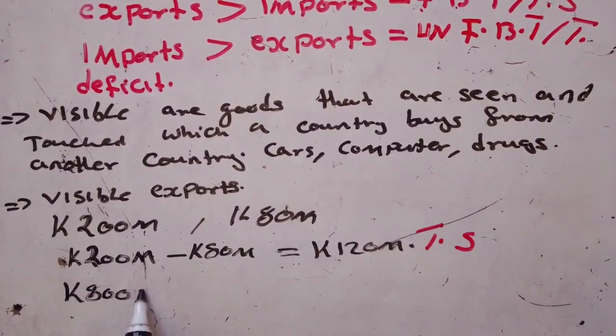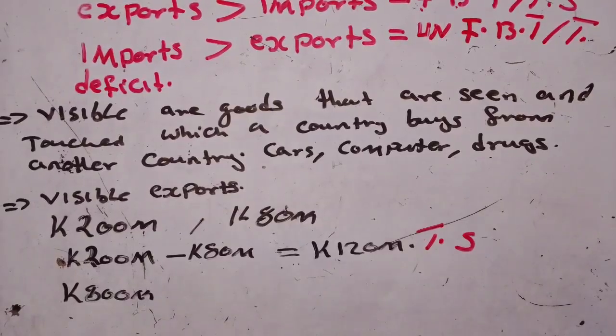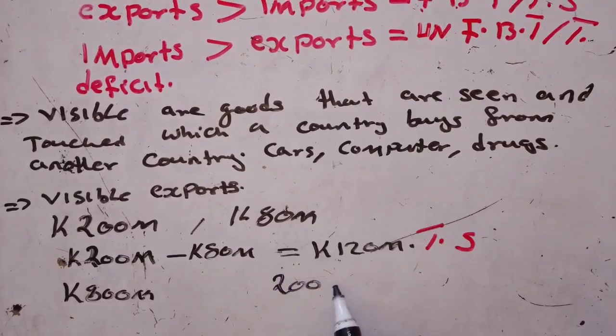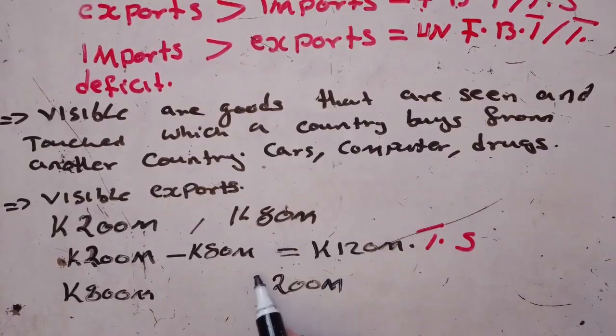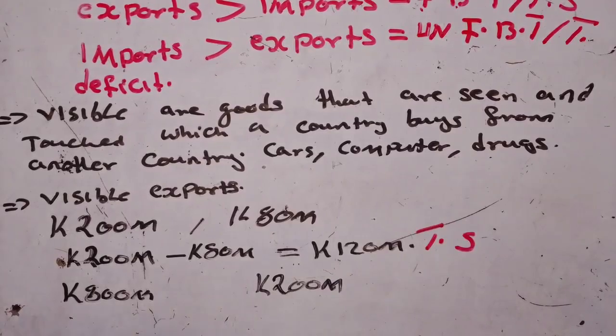Let's say Zambia imports goods worth 800 million kwacha and exports goods worth 200 million kwacha. So the imports cost 800 million and the exports cost 200 million.